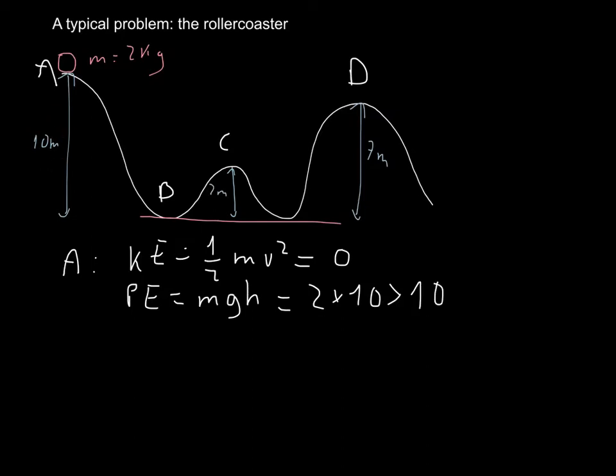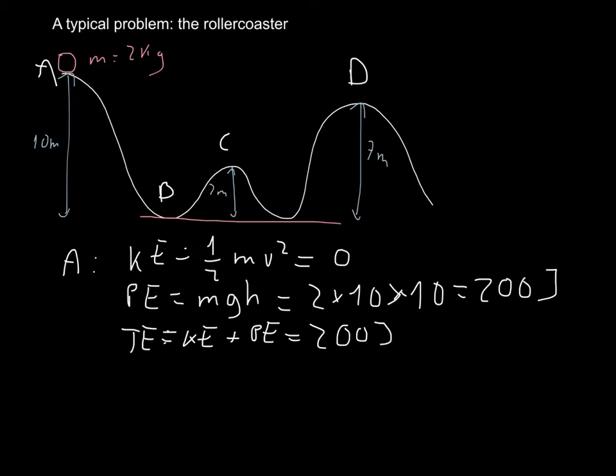So 10 times 10. So then we have 200 joules. So what is the total energy of this thing? Well, the total energy is the kinetic energy plus the potential energy, and that's 0 plus 200, that's equal to 200 joules. So the total energy is 200 joules.